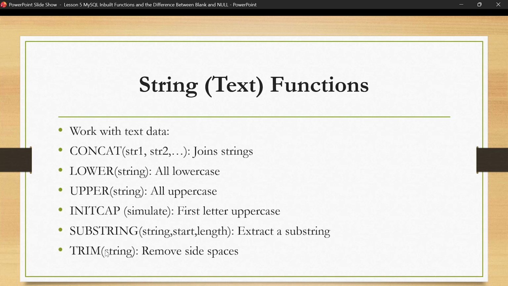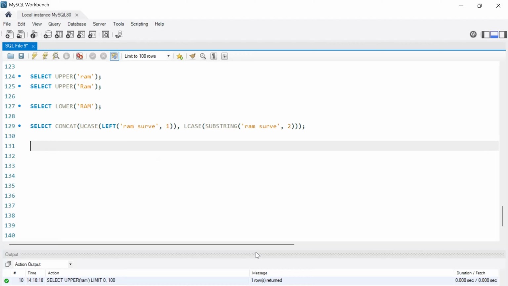Then we have the trim function. It removes the space. I will show you one example. Select trim, the string is, I'm giving some space, then ram survey, then some space.